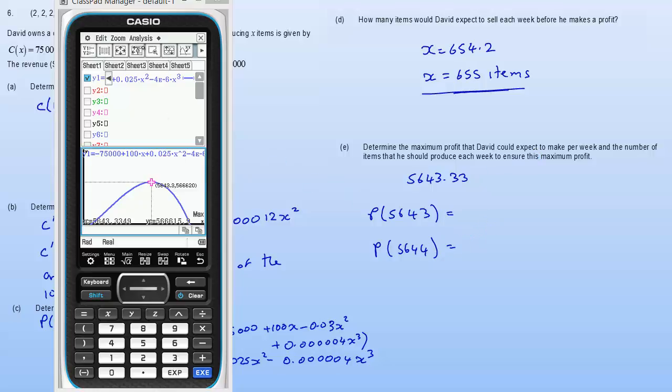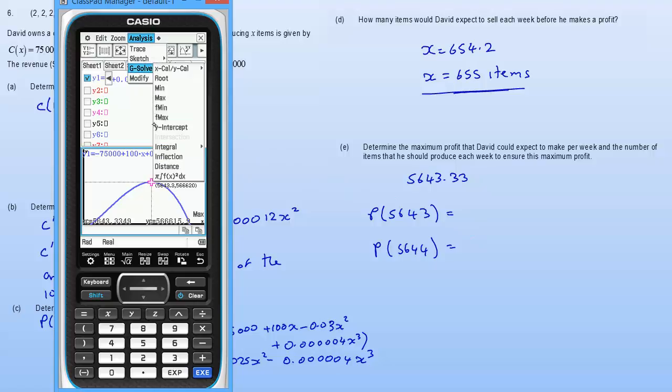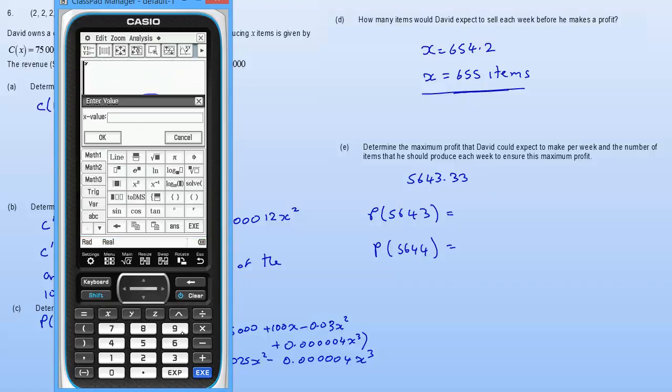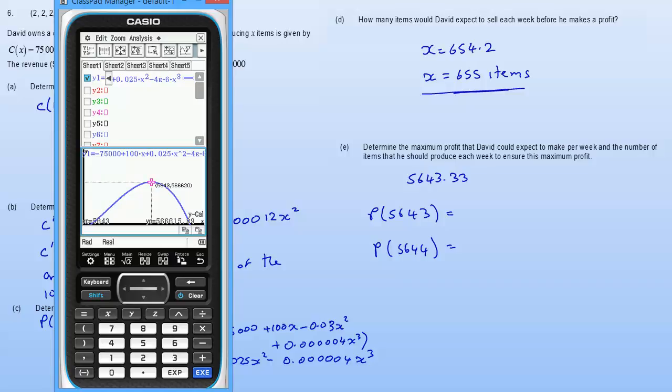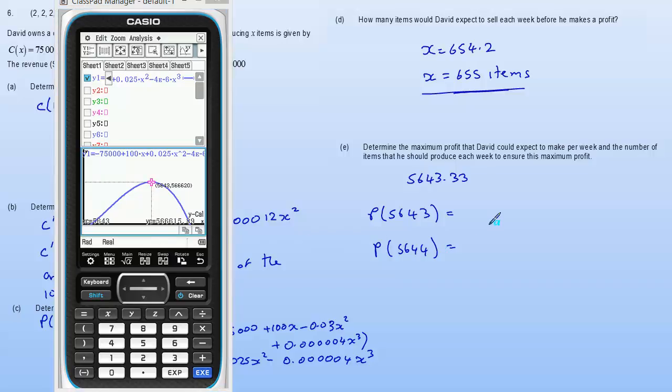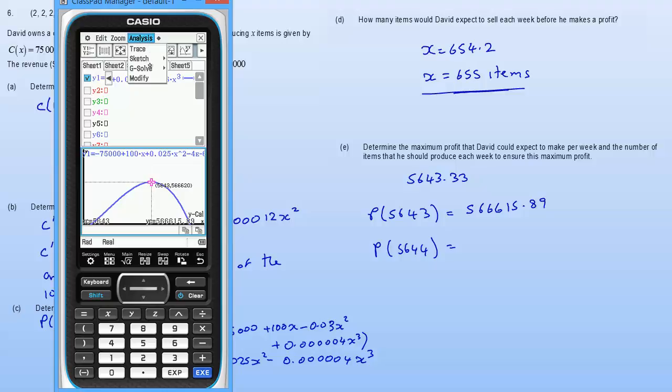So we can do that on here. So analysis, gsolve. If we do a ycal when x is 5643, that gives us 5666,15,89. And then do same sort of thing, another ycal.